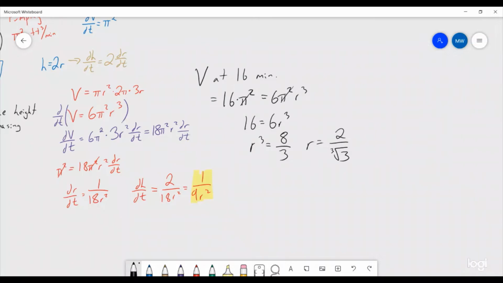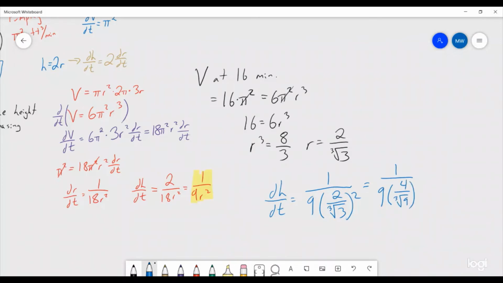So we can then plug that in. We know that dh/dt is going to be equal to 1 over 9 times 2 over the cube root of 3, squared. So that's going to be 1 over 9 times 4 over the cube root of 9.